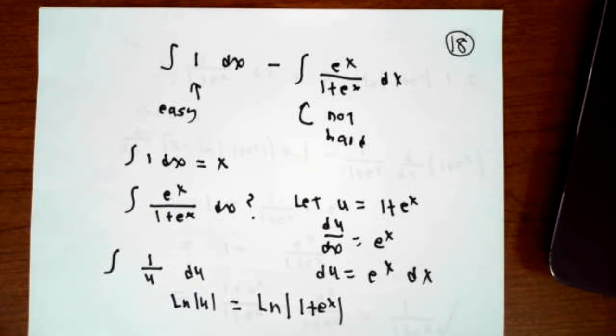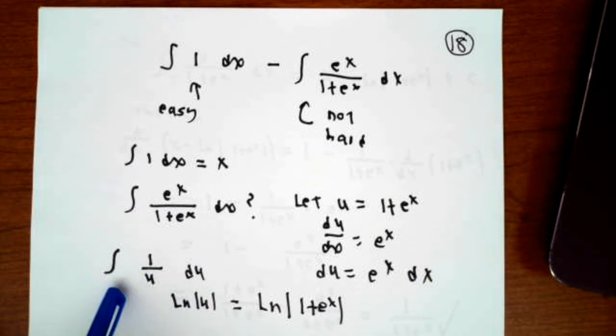The only thing I haven't accounted for is the rest of the fraction. 1 over 1 plus e to the x is 1 over u. That turns my integral into the integral of 1 over u du, which is on the list of things that we know how to do.